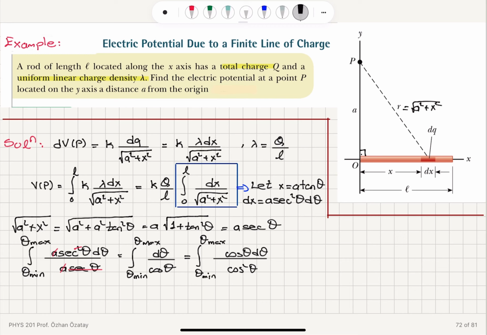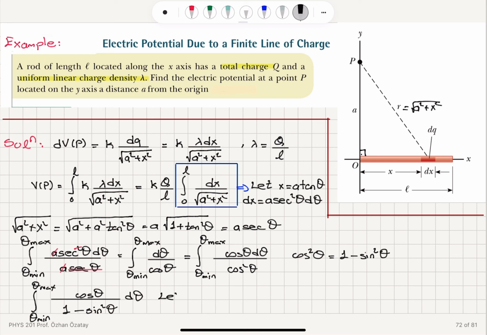Okay, now cosine square theta is equal to 1 minus sine square theta, because sine square plus cosine square is equal to 1. So this integral is then theta minimum to theta maximum cosine theta divided by 1 minus sine square theta d theta.